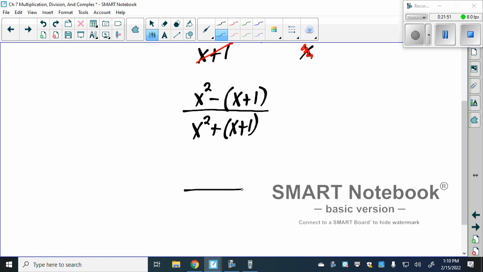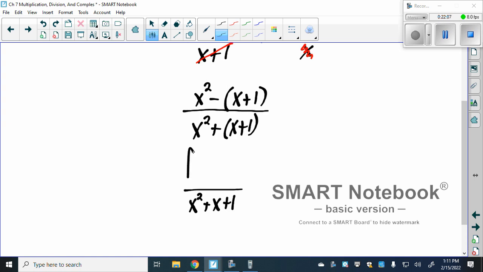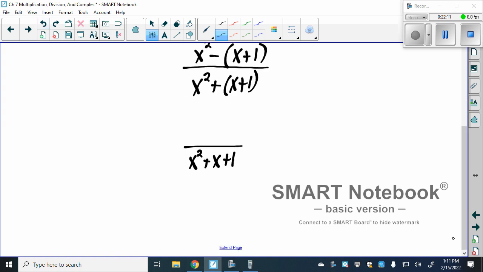Now we do need to simplify and combine like terms. Now the denominator, since we're adding the x and 1, the signs don't change. So the denominator is going to stay x squared plus x plus 1. Now the numerator, since we are subtracting the x and 1 from it, we get not positive x, but negative x.